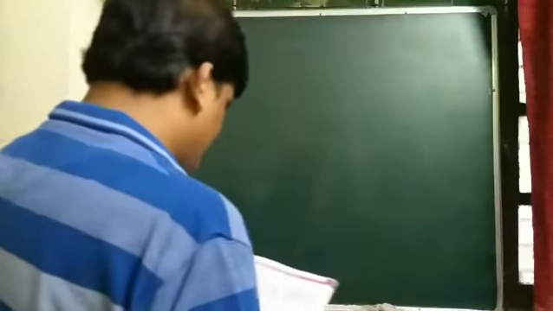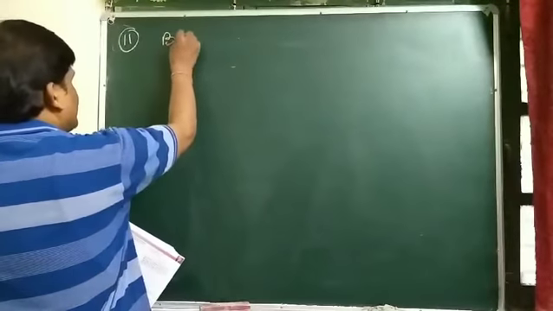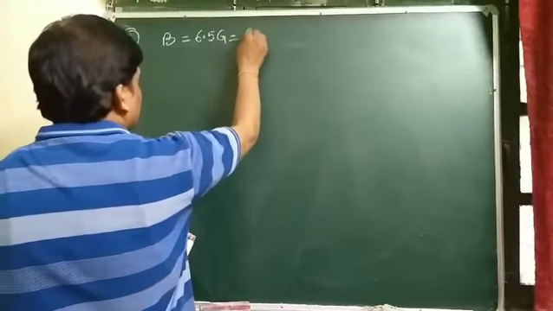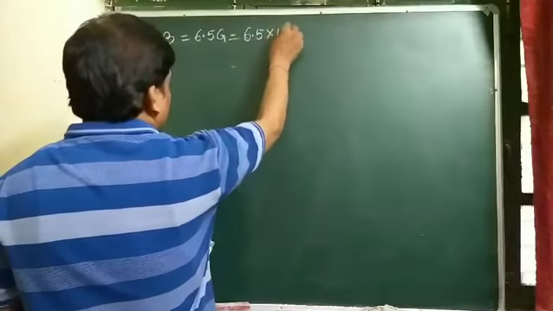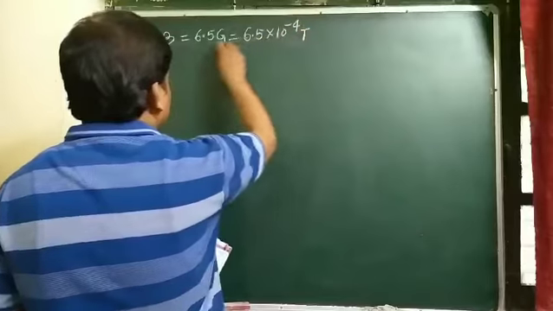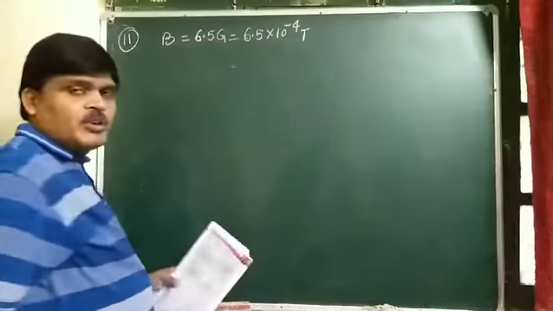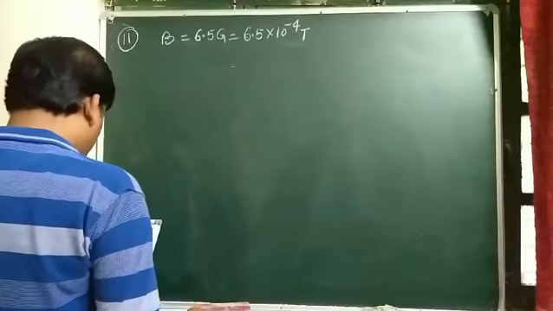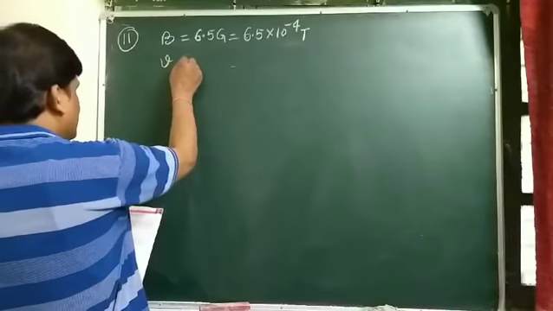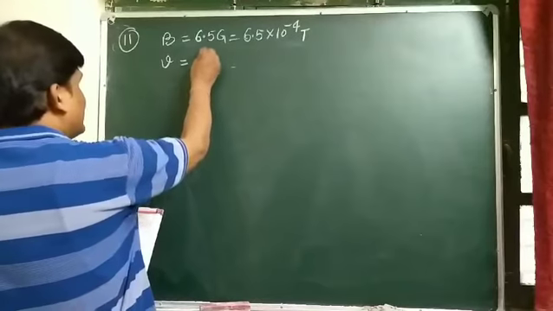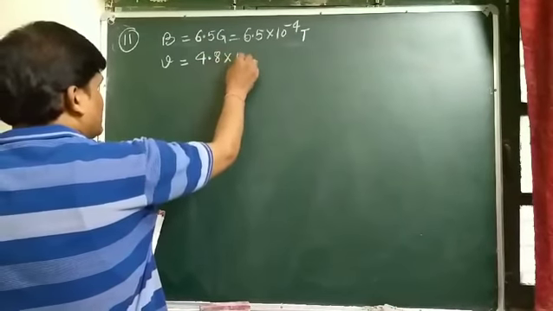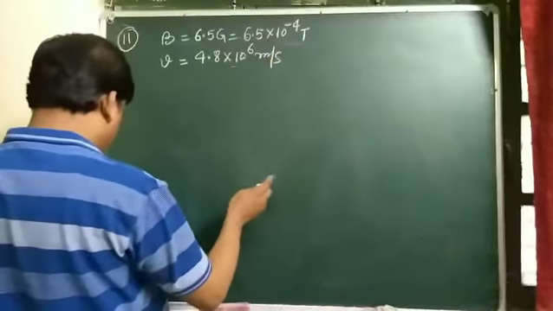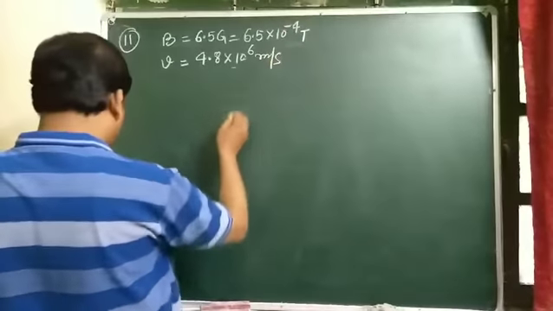So student, here the magnetic field given is B equal to 6.5 G, which can be converted into Tesla: 6.5 × 10^-4 T, because 1 Gauss equals 10^-4 T. An electron is shot into the field with a velocity of 4.8 × 10^6 meters per second, normal to the field, so theta is 90 degrees.